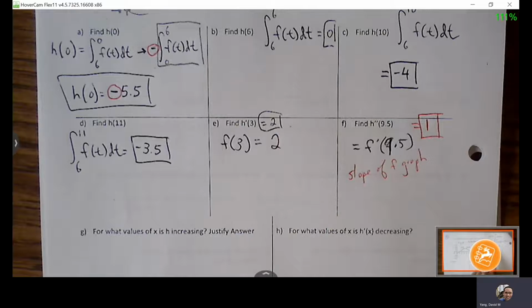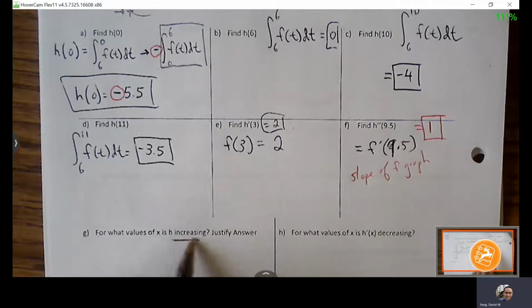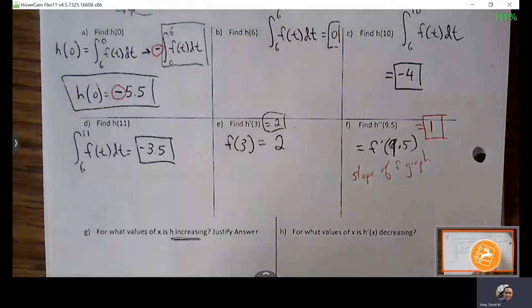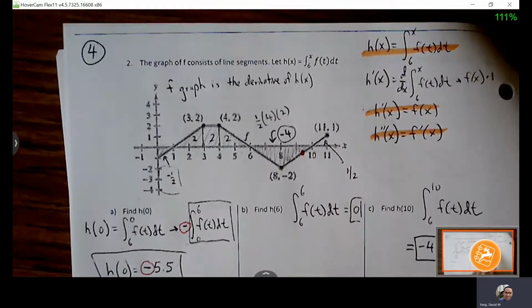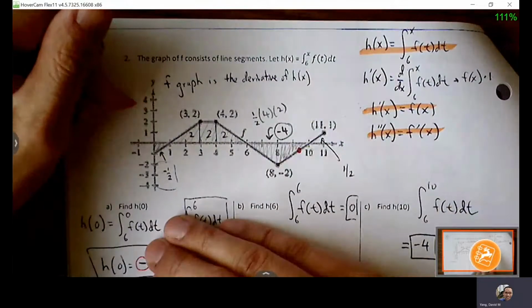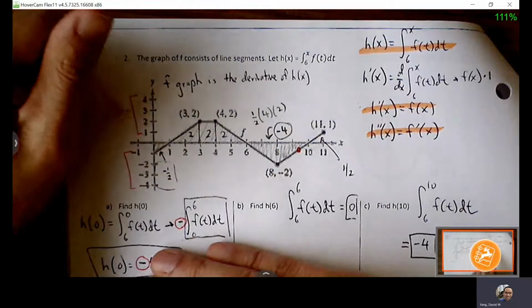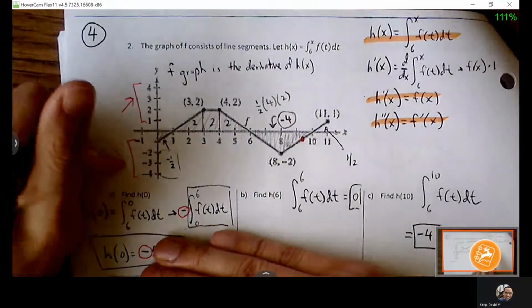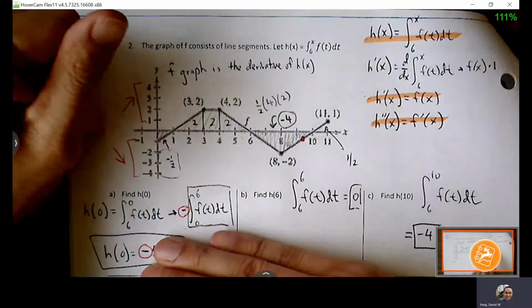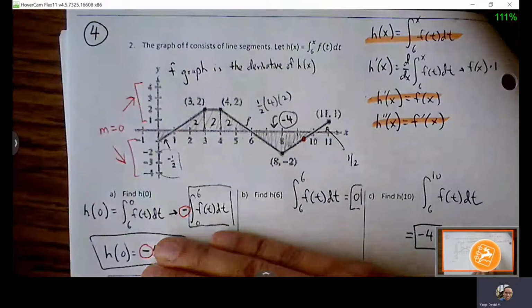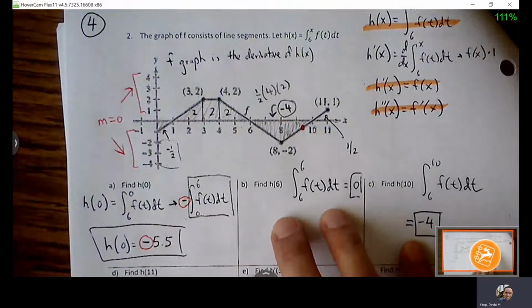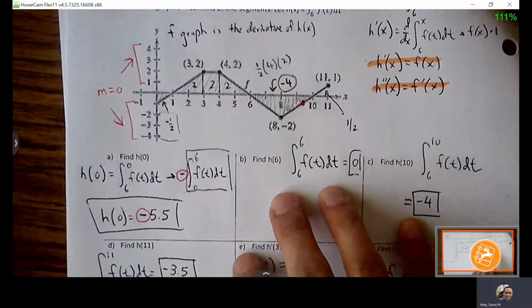Okay, part G, for what values of x is h increasing? So we know that we're staring at the derivative graph. So let's gather all the information from a derivative graph, just like from first semester, we would mark all of our diagrams the same way. Anything above the x-axis is positive slope. Anything below the x-axis is negative slope. Anything on the x-axis is slope 0. So where are the critical points for our h graph?